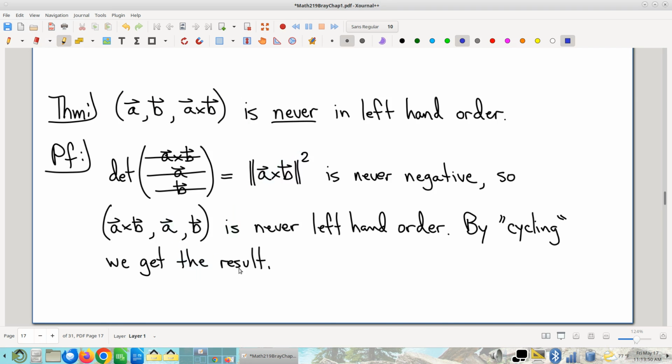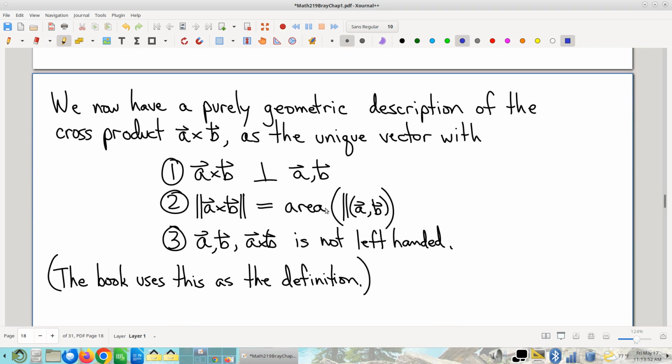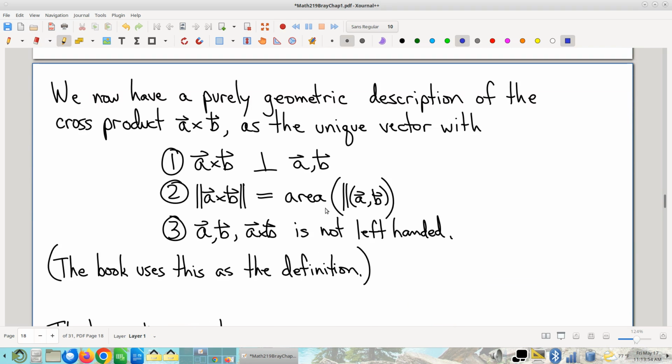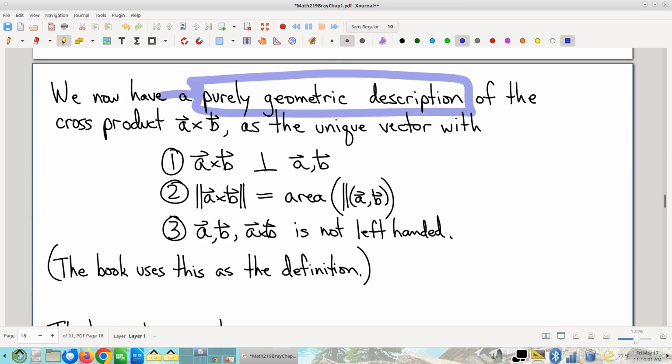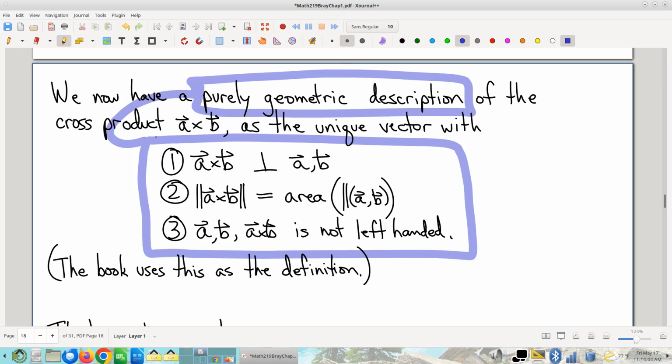All right, so the last several things that we've written down give rise to a pretty nice way to think about cross product, what I call a purely geometric description, based on the fact that everything I have written down here is entirely geometric. This first statement is a statement about pretty much perpendicularity. I guess there's the occasional exceptions of zeros. That's geometric, right? Talking about the angle between the two vectors, that's geometric.